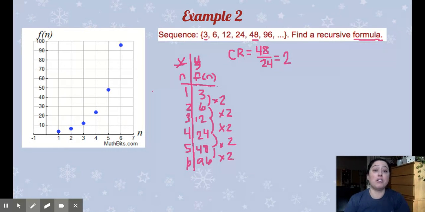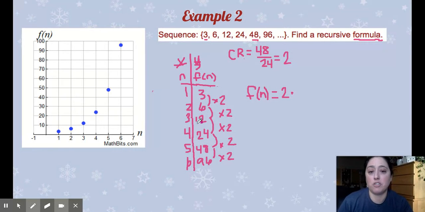All right, so I want a recursive formula. So remember, recursive formulas are simplified. So I know I'm going to have 2 times something, okay? And I'm going to keep it in function notation. So let me just say whatever term I'm on now, right?